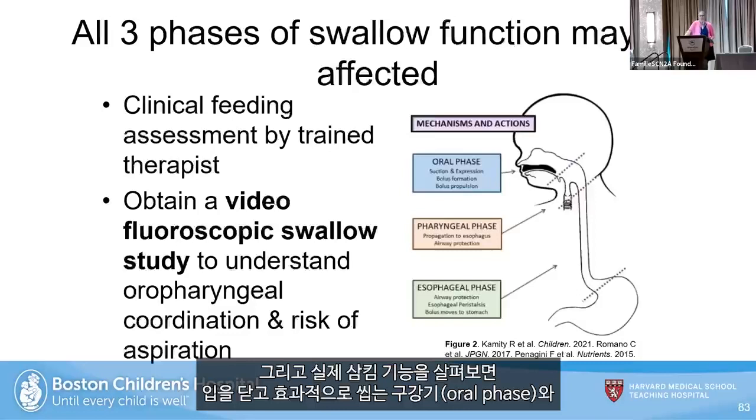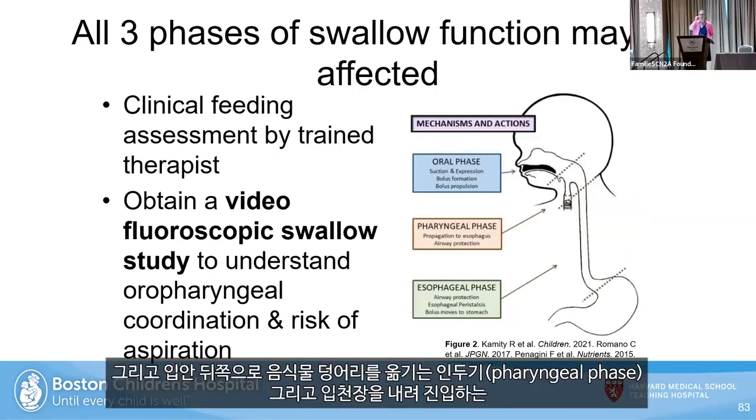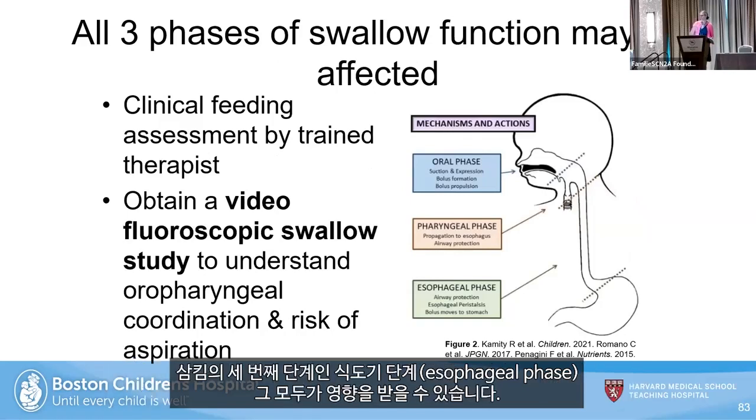And when we think about the actual swallow function, which is the oral phase, which requires lip closure, chewing effectively, and then moving the food bolus to the back of the mouth, which is the pharyngeal phase. You have to lower the palate and then get it into the third phase of the swallow, which is the esophageal phase.